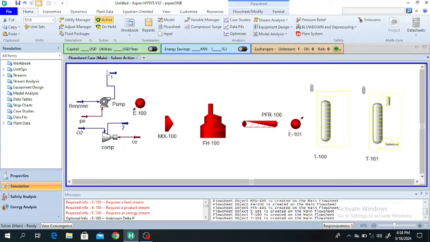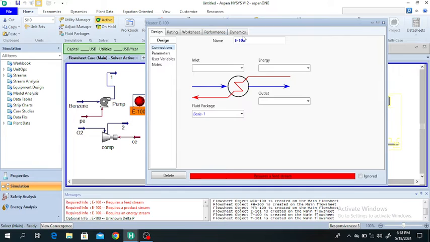Now this stream number 1, the high pressure benzene, will pass through a heater to increase its temperature from 30.10 degrees centigrade to 120 degrees centigrade. So this is heater E100. We will rename it heater, and the inlet to the heater is stream number 1, the pressurized benzene.